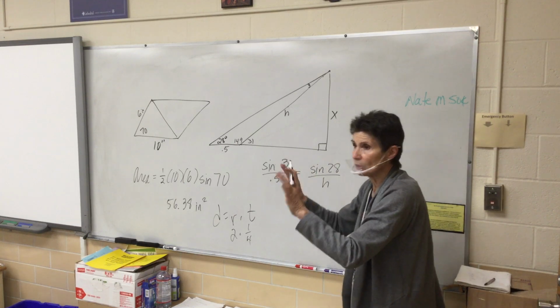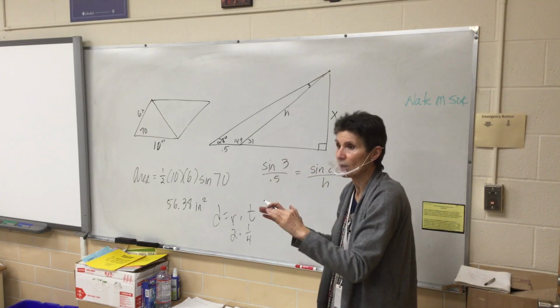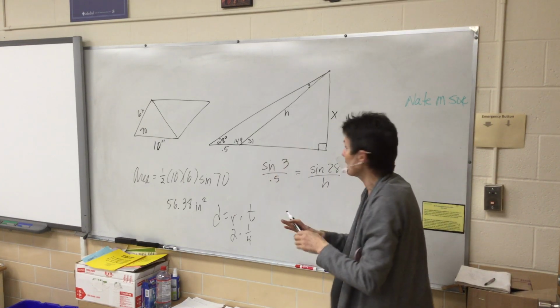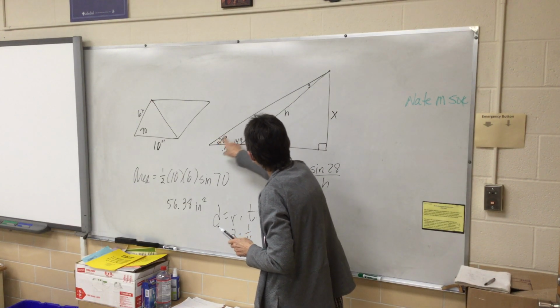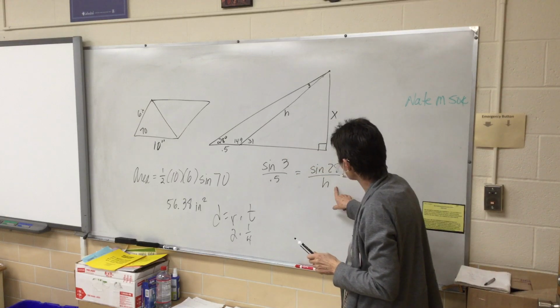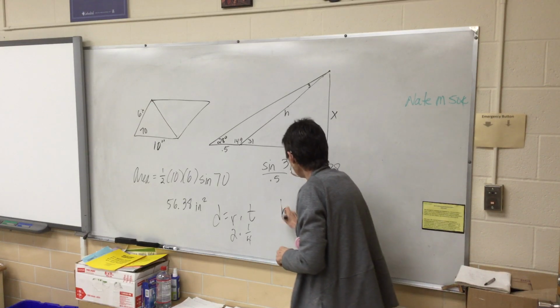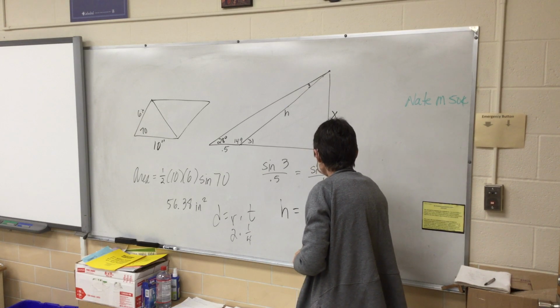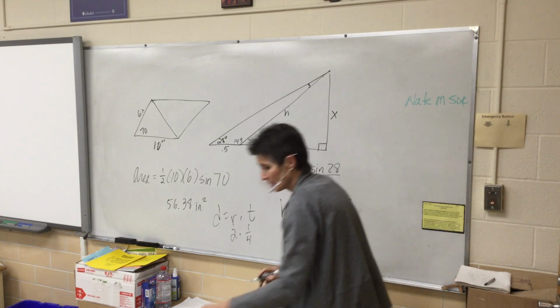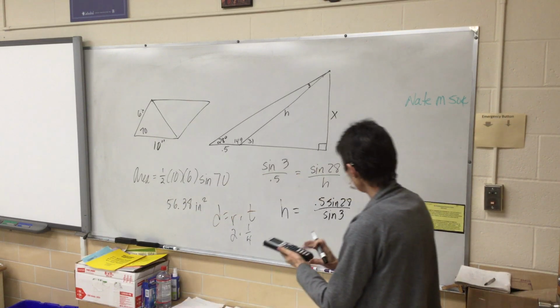You can't do the law of sines in 2 separate triangles. It has to be all the same triangle. So sine 3 over 0.5 equals sine 28 over h. All right, so I'm going to go ahead and find h. Okay, so we've got what h is.